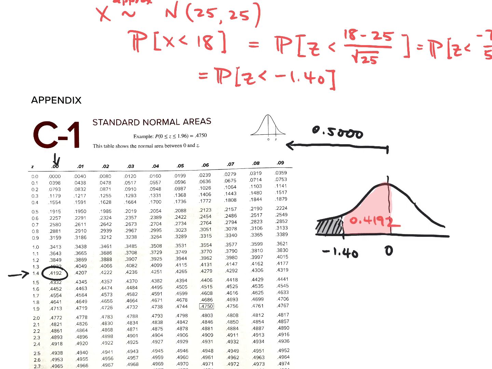So the final answer to get what's in the gray area is going to be 0.5000 minus 0.4192, and what we get is 0.0818. Okay, that's the answer to the question.